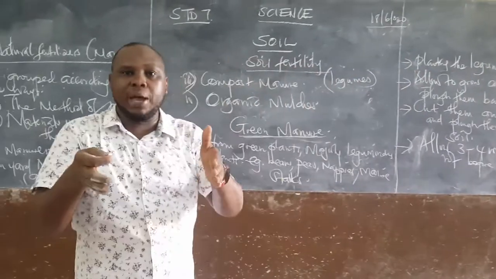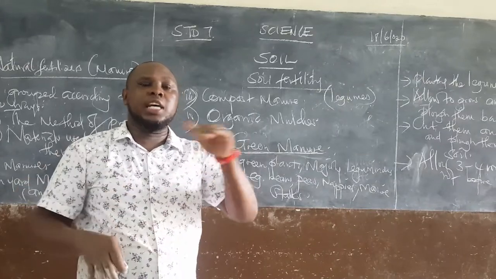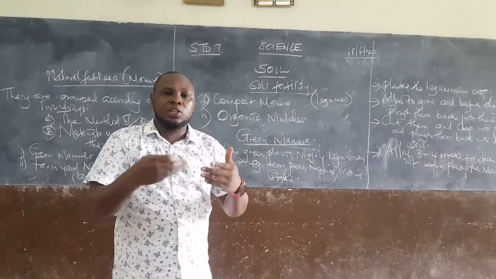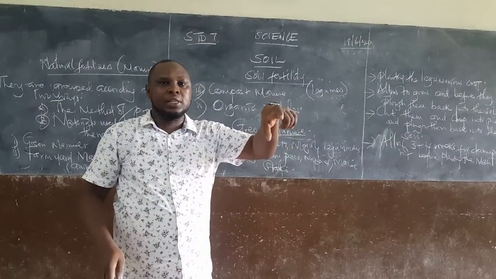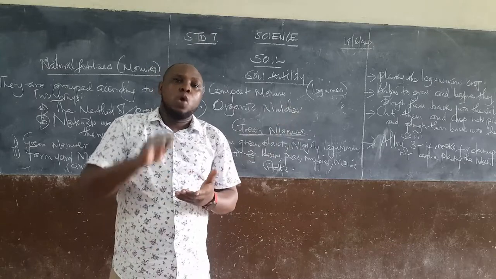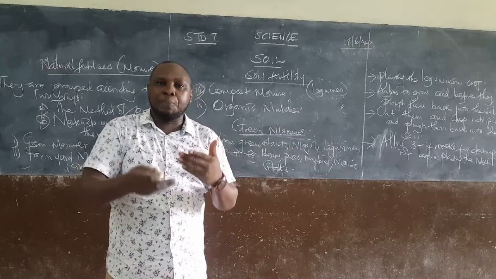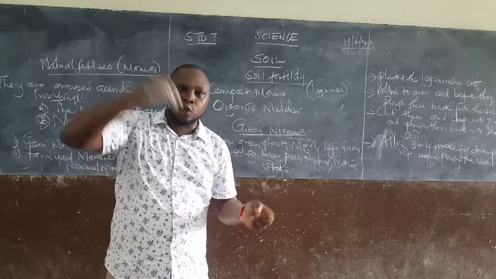We have planted our main crop, that is beans. After planting, we let them grow, and just before flowering, we can chop them and plow them back into the soil, or we can plow them back into the soil directly as they grow on the field. After doing that, we allow them 3 to 4 weeks so that they can rot and decompose and fix nutrients into the soil, and then we bring the main crop.